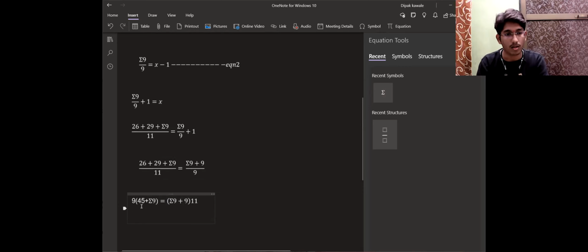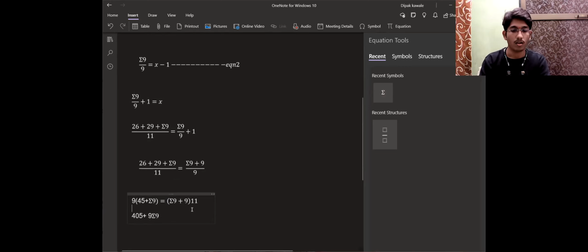So 45 into 9. An easy approach will be 5 9s are 45 and 5 4s are 36. It will become something like 405, and 405 minus summation of 9.